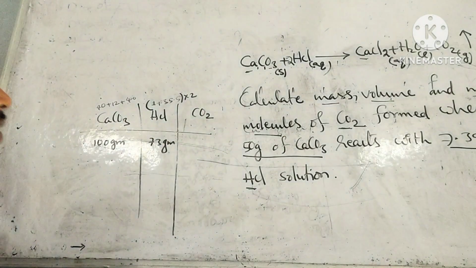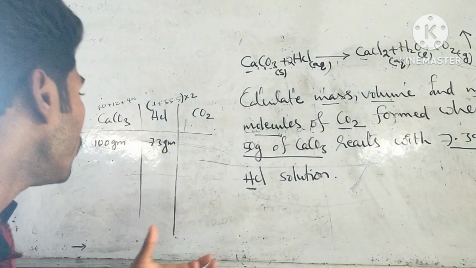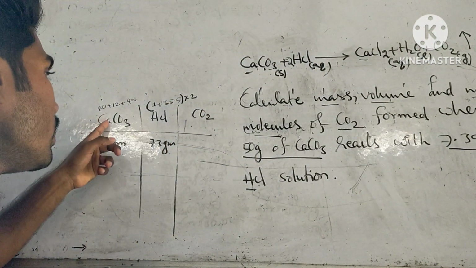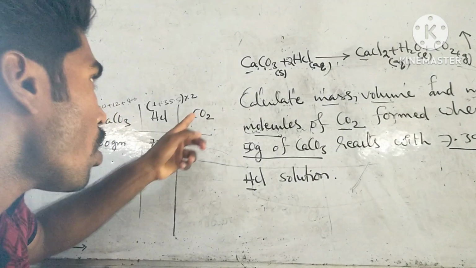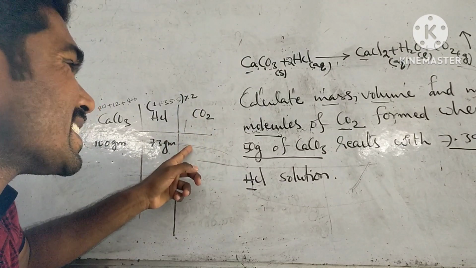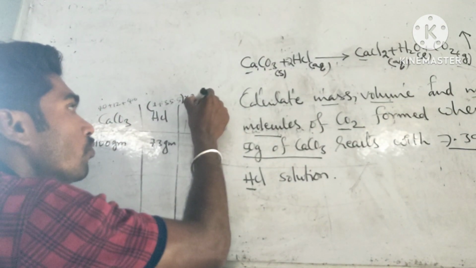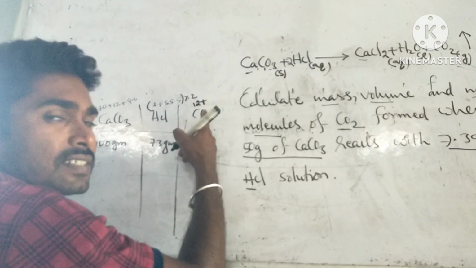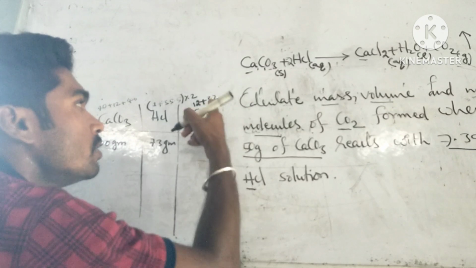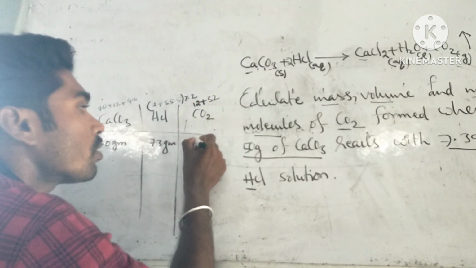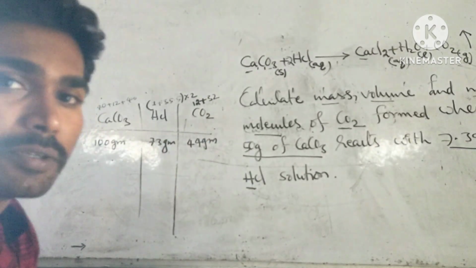Okay, so from the balanced chemical equation, we can understand that when we take 100 grams of calcium carbonate to react with 73 grams of hydrochloric acid, how much mass of carbon dioxide are we getting? Carbon 12 grams plus oxygen 16 times 2 is 32, so it becomes 44 grams. 44 grams of carbon dioxide is forming.